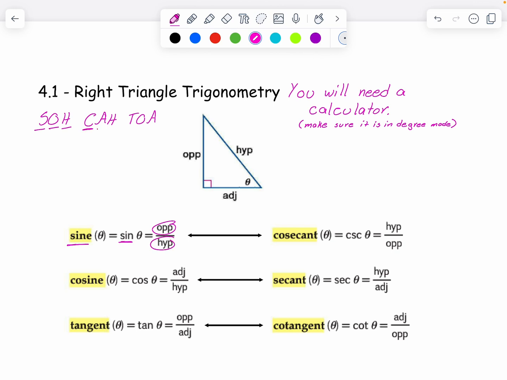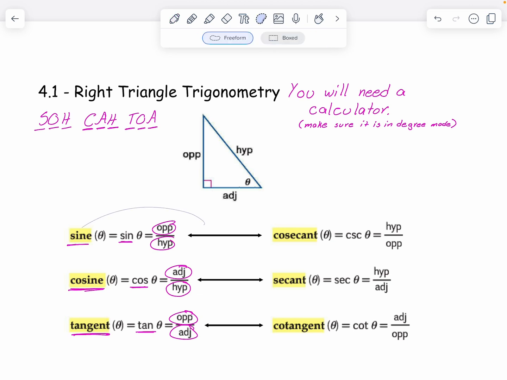Then we have cosine is adjacent over hypotenuse. So cosine, which is abbreviated COS, and that is adjacent over hypotenuse. And then the last one is tangent. Tangent is opposite over adjacent. So tangent, abbreviated TAN, is opposite over adjacent. So those are the main 3 that you guys learned years ago.